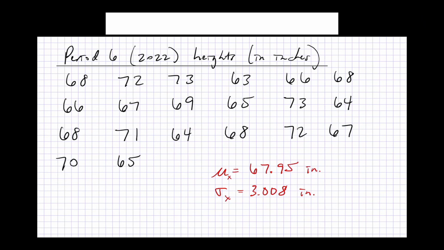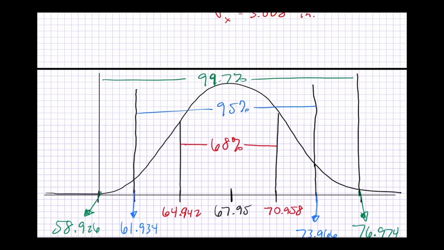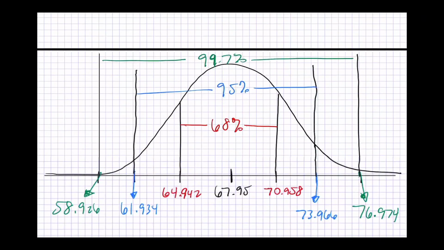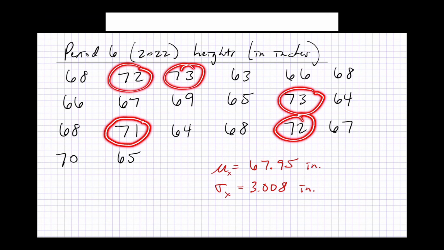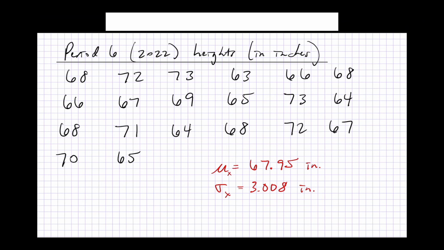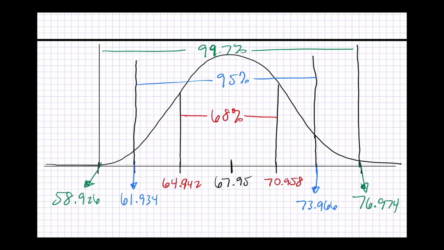Is there any that don't fit? Oh, 73. I shouldn't have counted 71 and 73. Oh, sorry. I shouldn't have counted this guy, or this guy, or this guy, or this guy, or this guy. Those are too high. Oh, sorry. Sorry, looked at the wrong color.